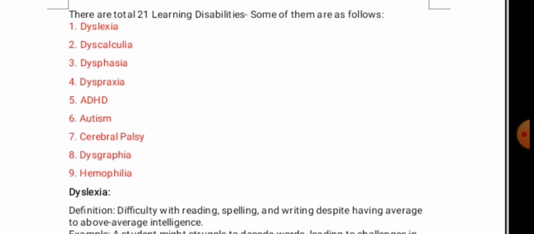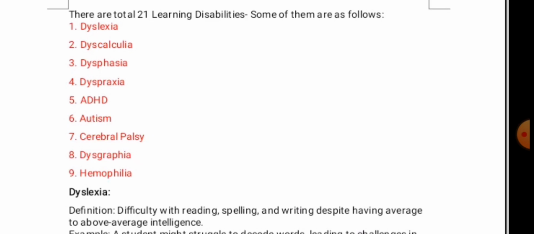Last time they were asking how many types learning disabilities can be categorized into: 21 types, 22 types, 23 types, 24 types. You have to remember this number 21, which is very important, which means learning disabilities are of 21 types.